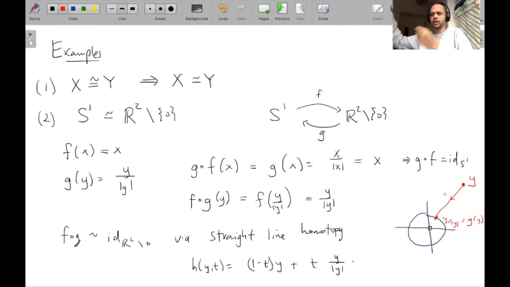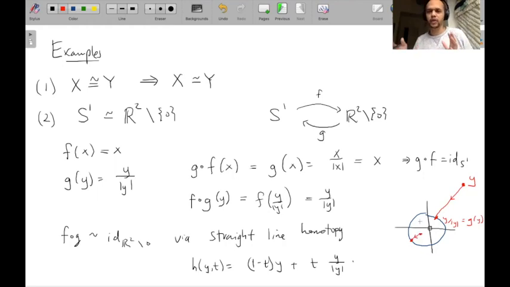It interpolates between the point Y and the point on the circle along the straight line between them. That's this formula. But it's important that this line doesn't go through the origin. So for any point that we pick, this path from Y to G of Y doesn't go through the origin.